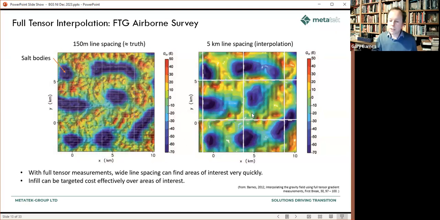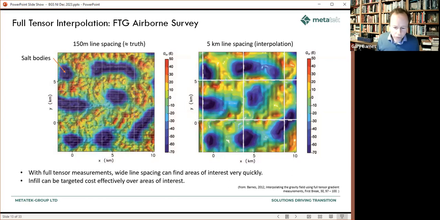If we process all that data through, we can now see how well the information from the full tensor gradiometer is able to interpolate the gravity field in between the survey lines. And you can see some of these salt bodies here are very well imaged, even though there isn't a survey line that actually goes across them. So these gradiometers are really fantastic for not only measuring the gravity field very accurately, but also for interpolating the gravity field in between the lines.